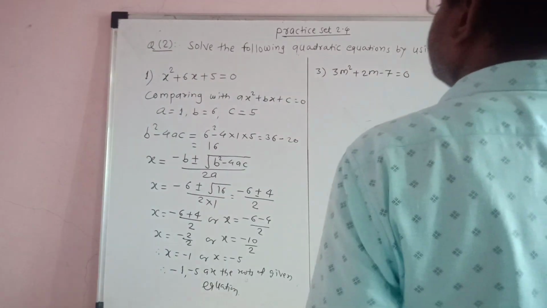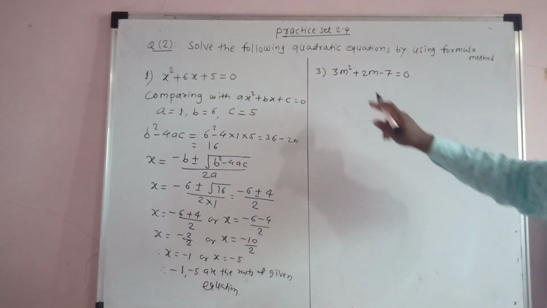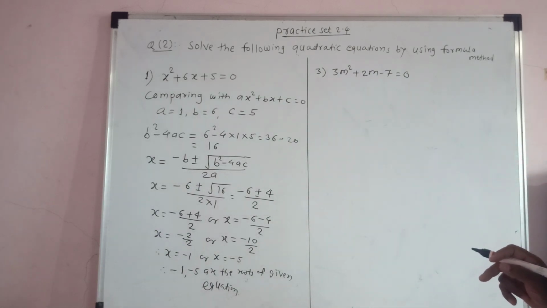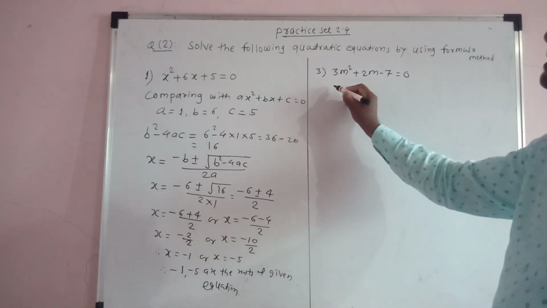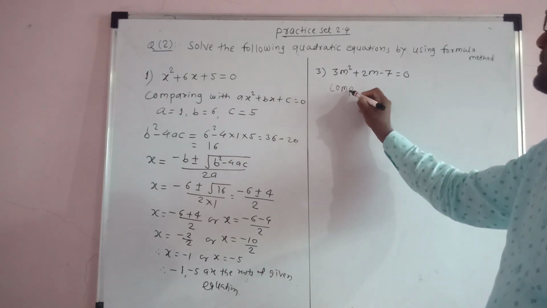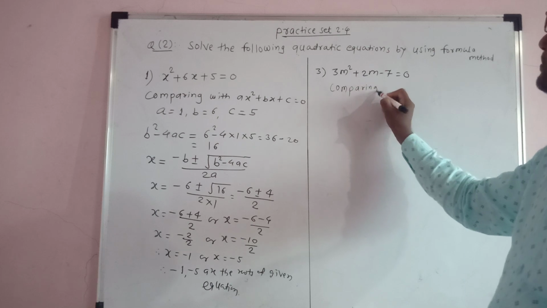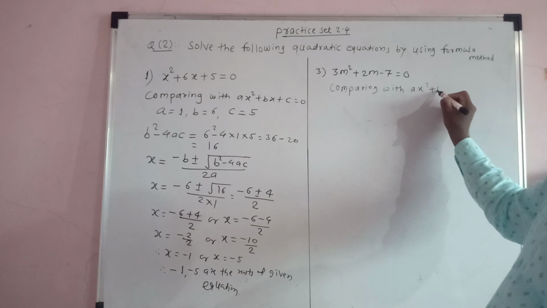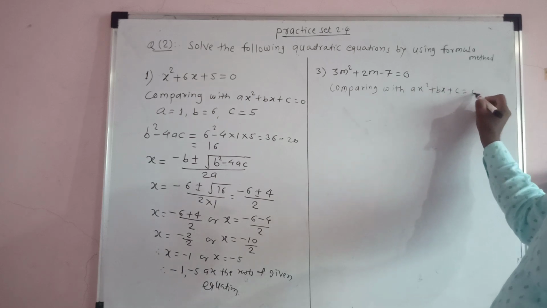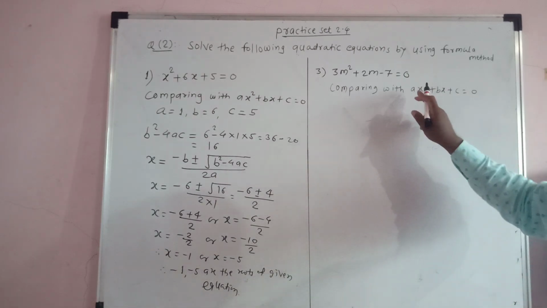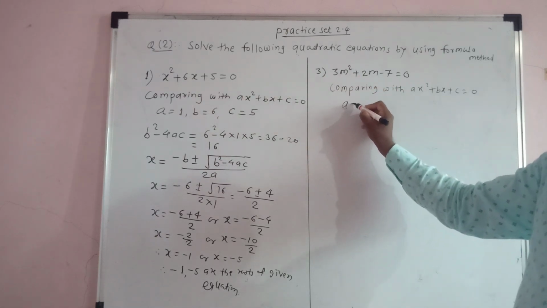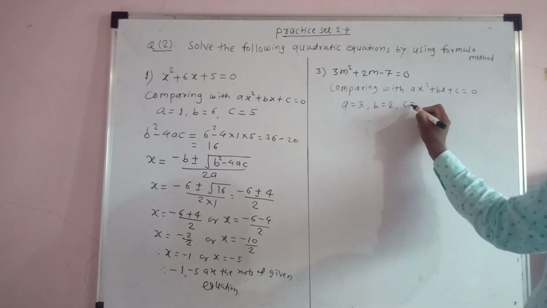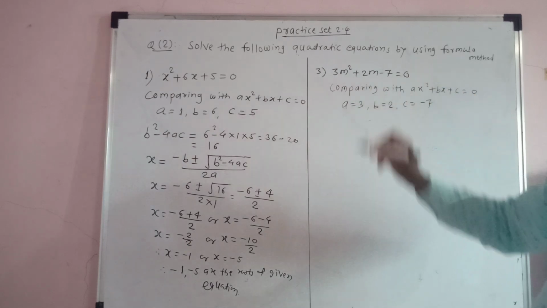Now example number 3. Example number 3 is 3m square plus 2m minus 7 is equal to 0. Comparing this equation with its standard form, comparing with ax square plus bx plus c is equal to 0, we get a is equal to 3, b is equal to 2, and constant term c is equal to minus 7.